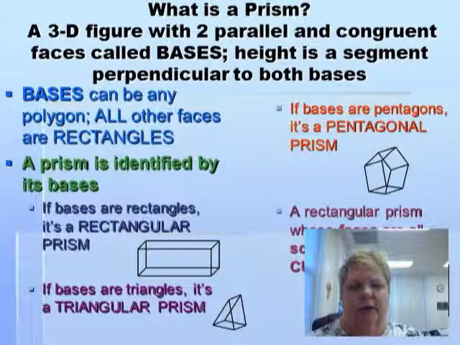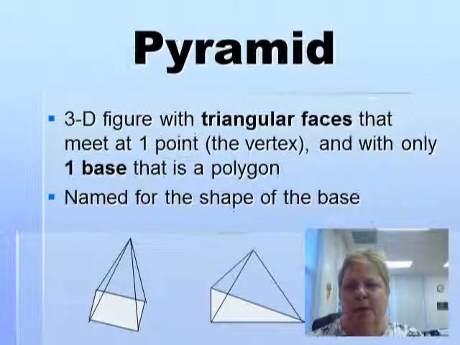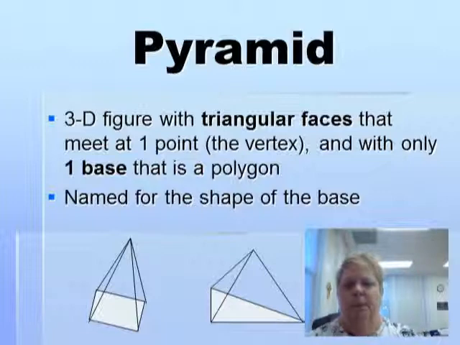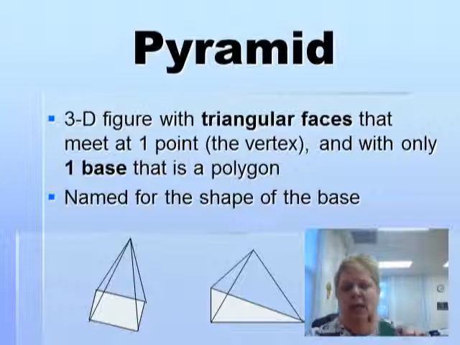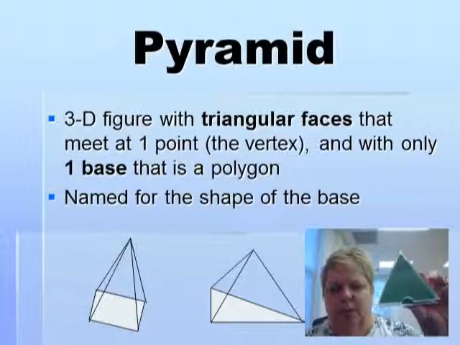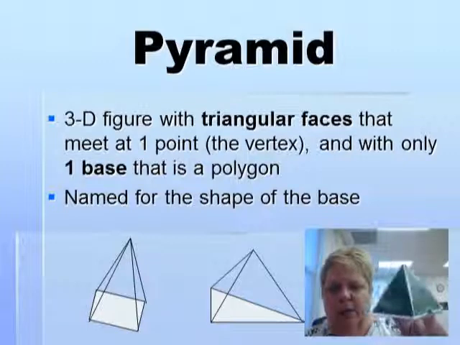All right, let's look at our next type of three-dimensional shape, which is a pyramid. A pyramid is a three-dimensional figure with triangular faces that meet at one point. Okay, here's an example of a pyramid.